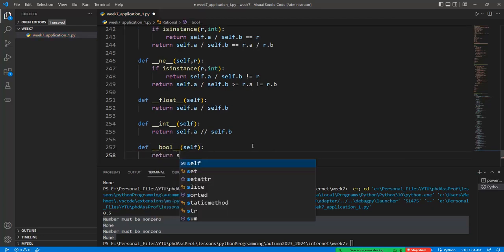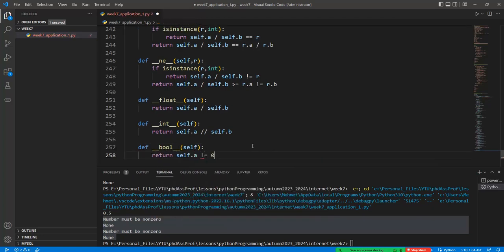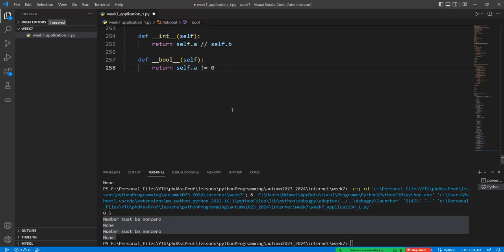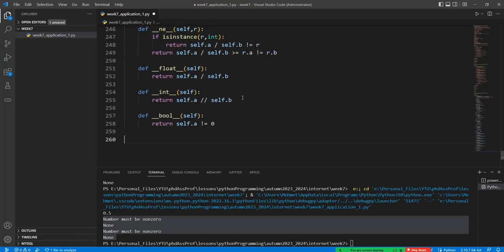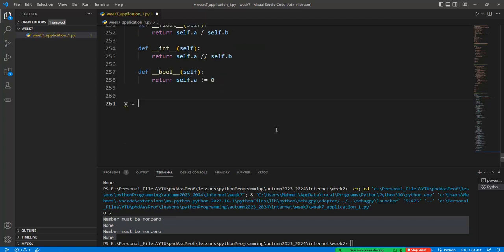And after that, we can convert the terms here, like this one, the bool function, self, and return self.a not equal to 0. This is the bool value, because when this is not equal to 0, this returns the true value. Otherwise it's false, okay? So it's long code, but I can derive this term like this one.